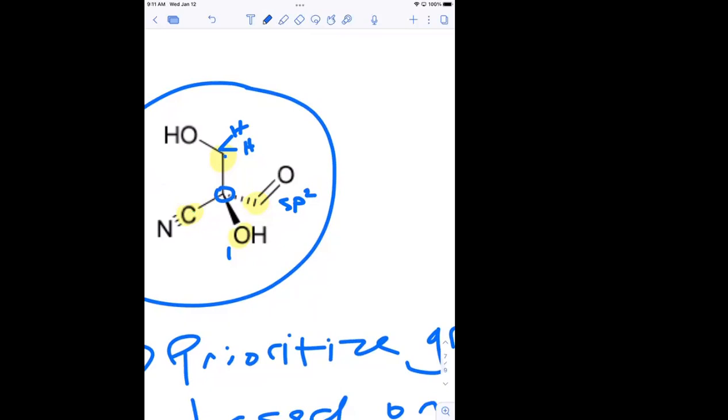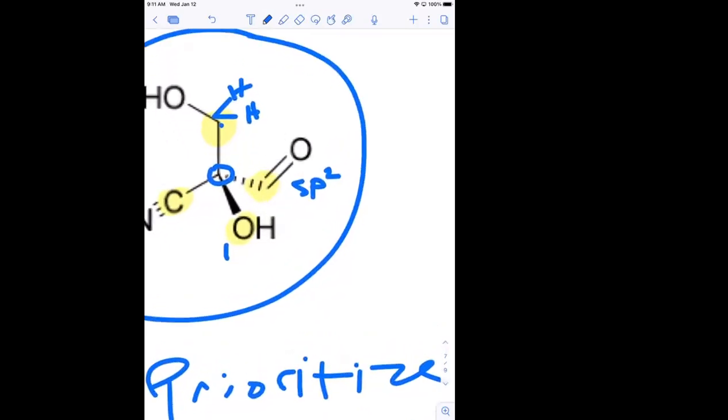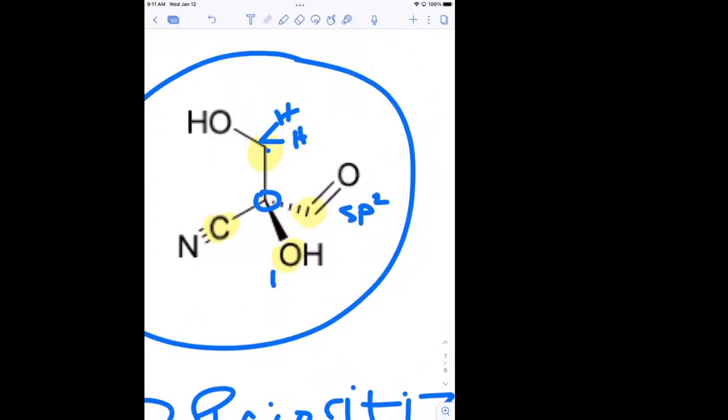And so the highest priority group is oxygen. Now let's compare the carbons. If you look at this carbon right here, I'm going to change the colors up, this carbon has a double bond to oxygen.